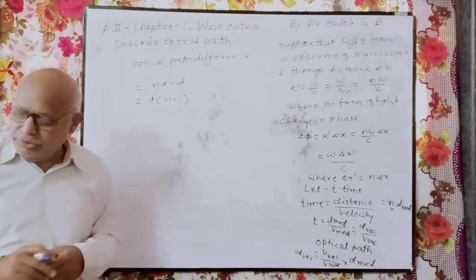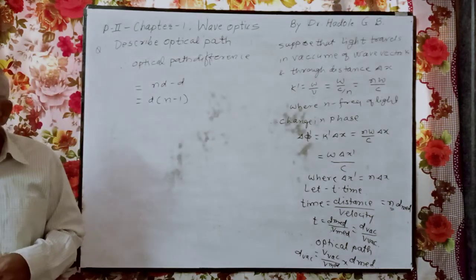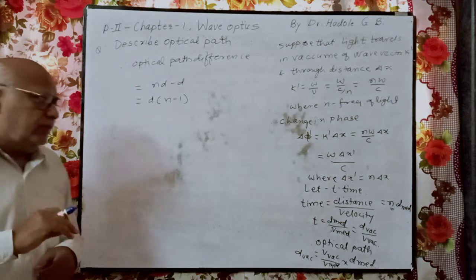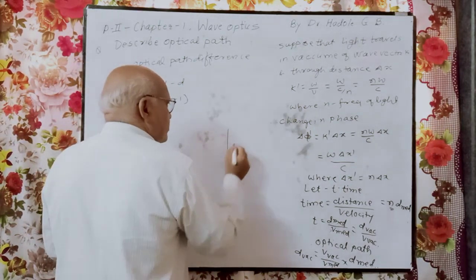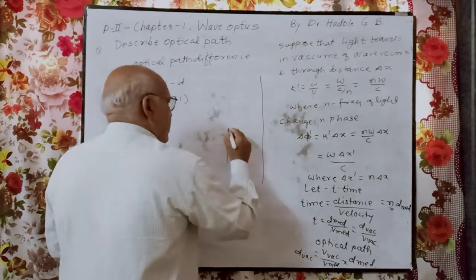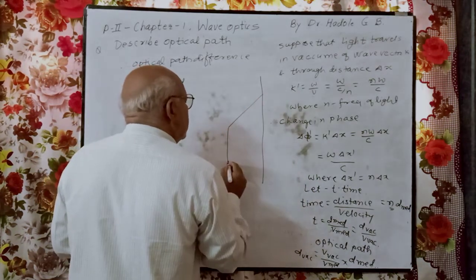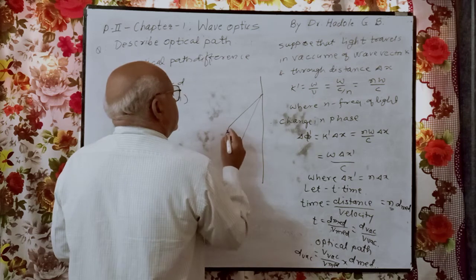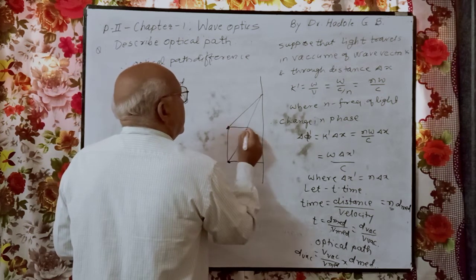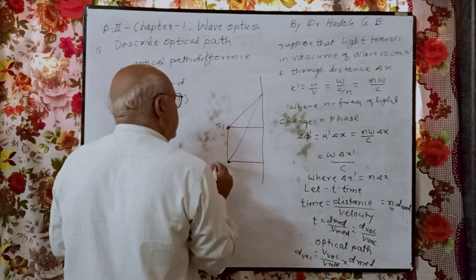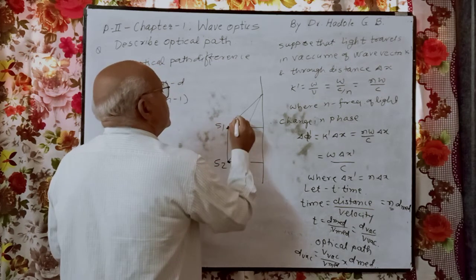Not only this, we have seen this experiment, that is, these are two slits and from here the light is traveling. This is S1, S2. These are two sources.